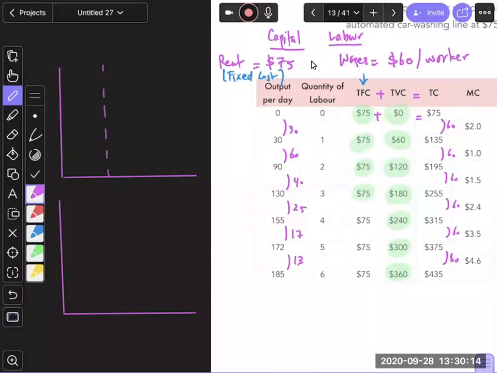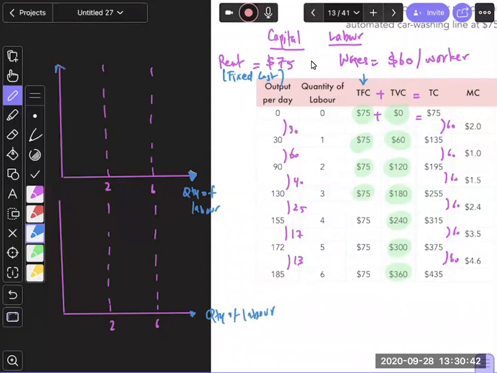In production we had 2 workers and 6 workers. Remember this was happening last week. This is our quantity of labor.